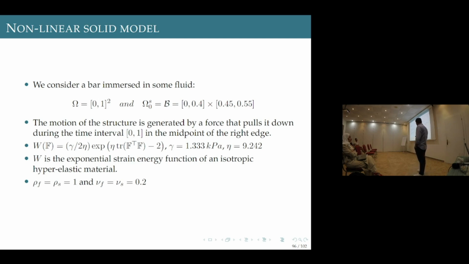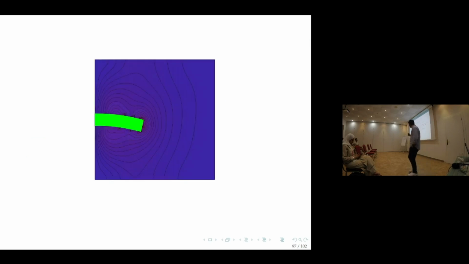And this is the nonlinear solid model for the solid behavior. W is the exponential strain energy function of an anisotropic hyperelastic material. And we choose again rho f equal to rho s equal to 1, and the viscosity is 0.something. The movie.